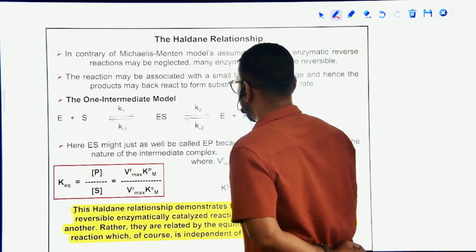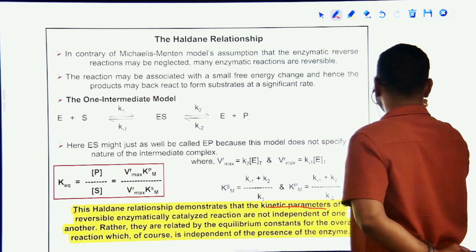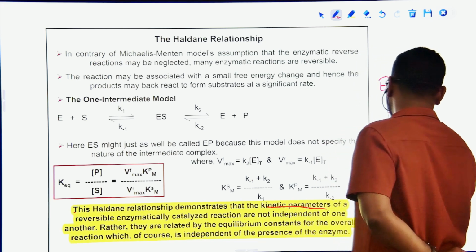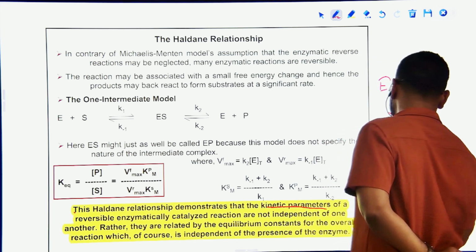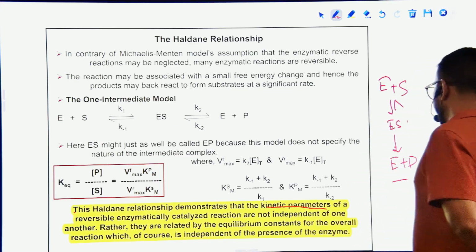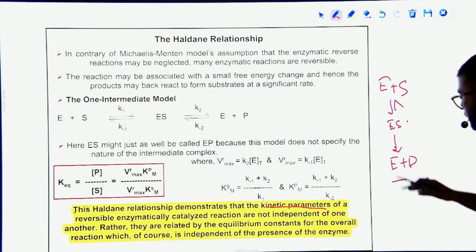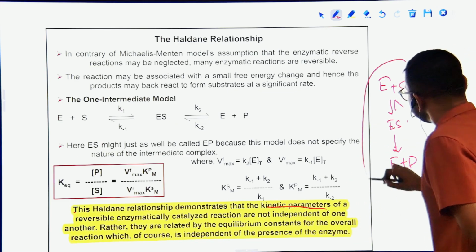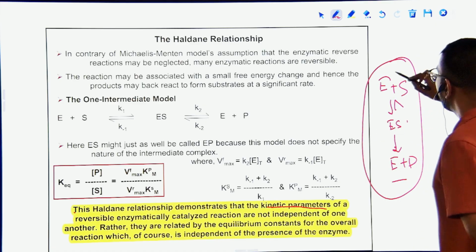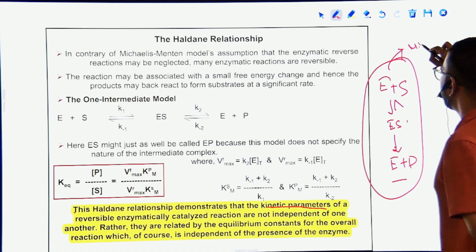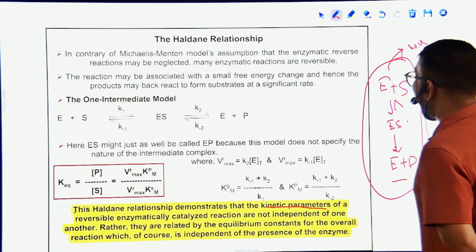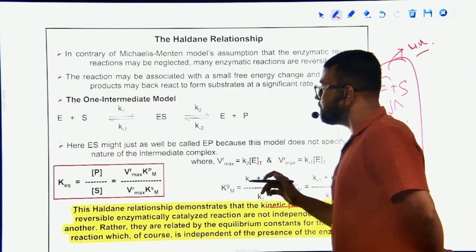Previously, I have stated that E plus S forms ES, and that is converted into E plus P. But this reaction is only applicable for Michaelis-Menten. The Haldane equation states something different.